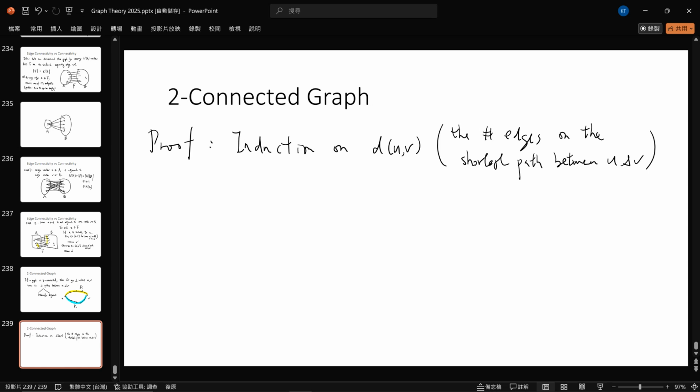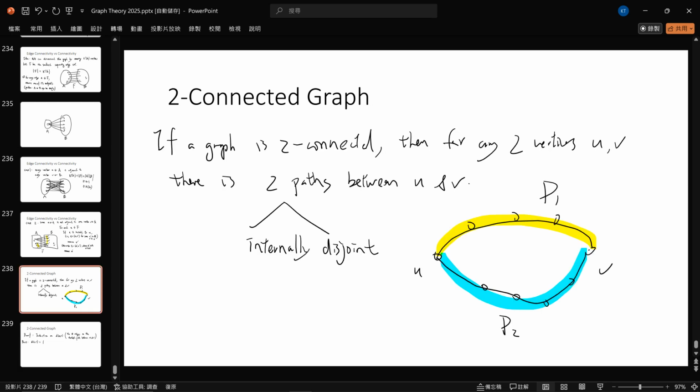And since this is an induction proof, we need to start with the basis. So the basis is when DUV is 1.